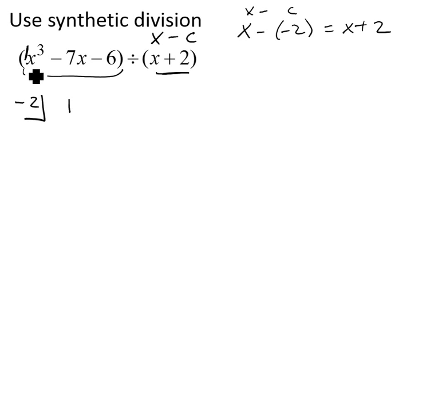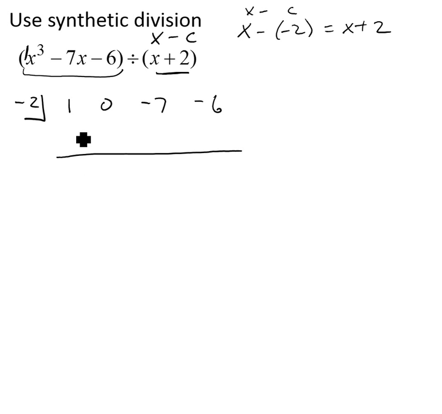We do not have an x squared term in our polynomial, so I have to fill in a 0 there. We have 0x squared. Next would be x to the first power, which has a negative 7, and then finally our constant term, which is negative 6. Leave yourself room to write another row of numbers, and then we put our quotient line down there.